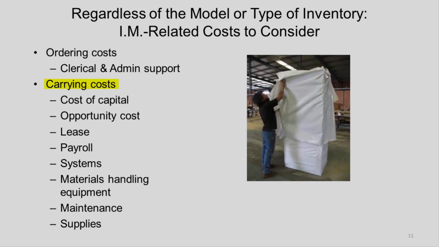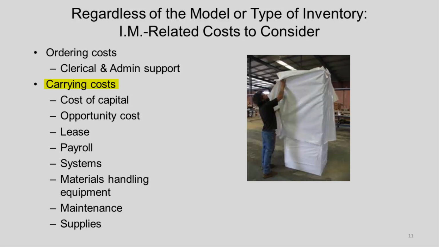Now, carrying costs, a little different situation, but all of the different expenses associated, as the name would indicate, with carrying inventory. Things like cost of capital. If we have to go out and borrow money to acquire inventory, to pay vendors overseas, there's a cost associated with that, the cost of capital, the interest on the working capital loans that we might need, or even longer term loans.